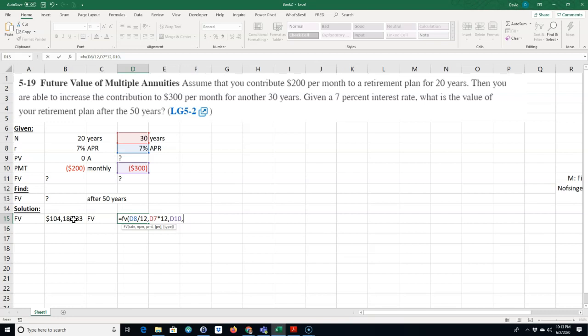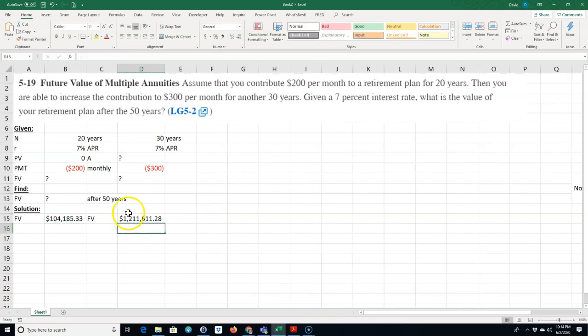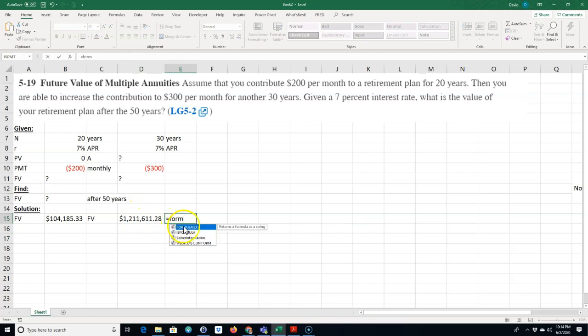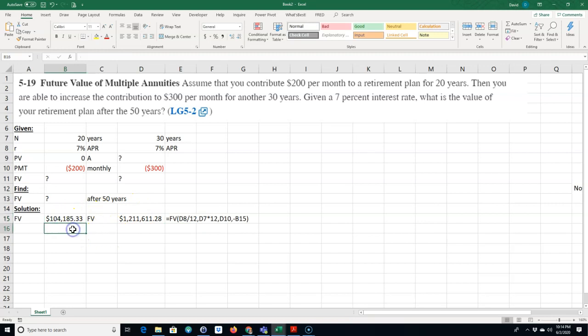But I'm going to let it ride, so now I have to put it back in the bank. So it's going to be a negative of this, because that's going back in the bank. And then we can close the parentheses. And so that would be my answer. Okay. And let me put this formula down below here.